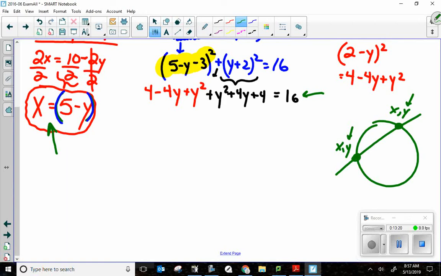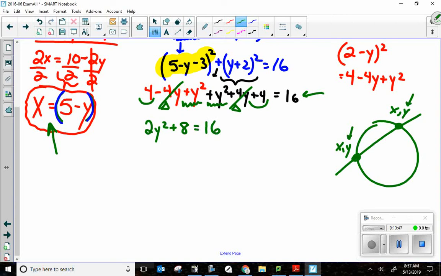So let's combine what I can. I have 1y squared and 1y squared. That gives me 2y squared. This is nice. I have negative 4y and positive 4y. They just cancel. Bye-bye. Nice. Now I have a positive 4 here and a positive 4 here. That gives me positive 8 equals 16.